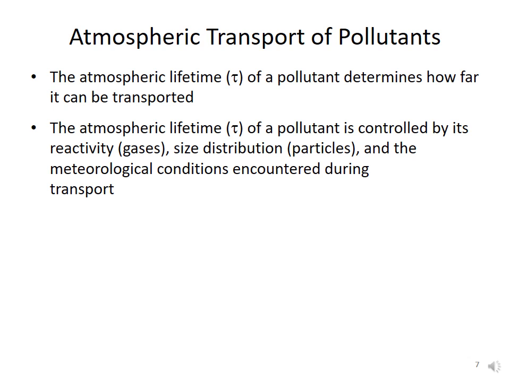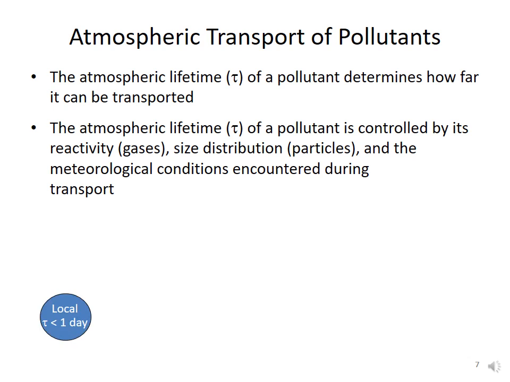So for particles, if they encounter precipitation early on after they've been emitted, their atmospheric lifetime will be rather short. If, however, they are in an area of high pressure without any precipitation, they can persist for quite long periods of time. If you want to look in the notes section on the pages part of Canvas, I have a PDF which has the atmospheric lifetimes of many species in the atmosphere.